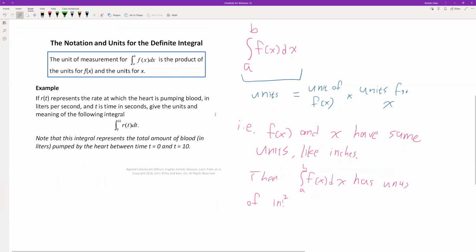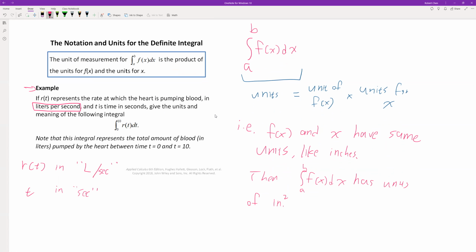Now, of course, there can be some other things like this example we have here. If R of t represents the rate at which the heart is pumping blood in liters per second, so let's keep that in mind, R of t is in liters per second, and time t is in seconds.